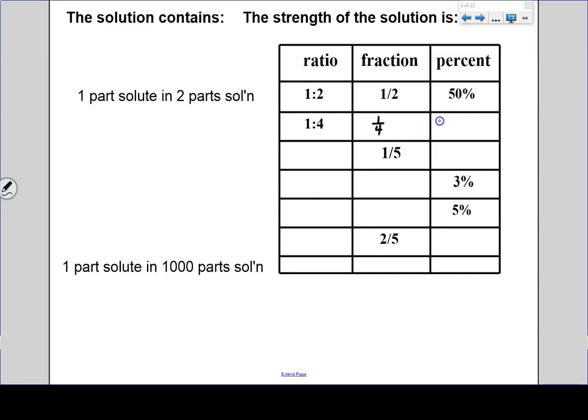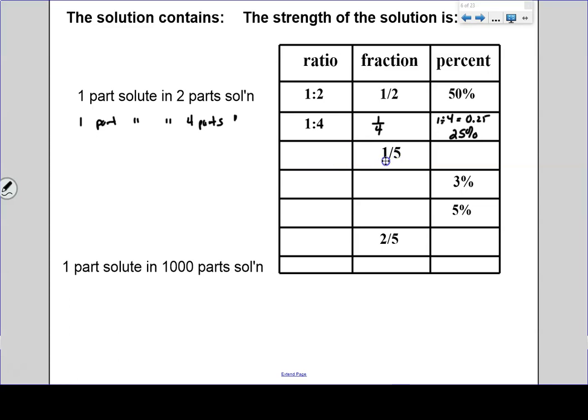If you divide 1 by 4, you're going to get the decimal 0.25. If you change that into a percentage, that would be 25%. What does that mean? That means 1 part to 4 parts of solution.